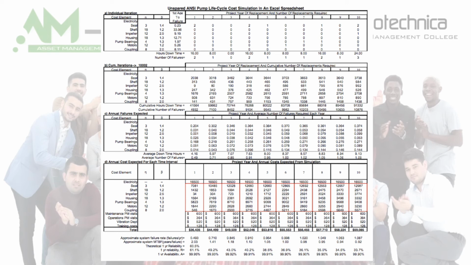In section D, we combine the figures of section C with the cost from the original table for this scenario, that is the single ANSI pump. The electricity cost is a fixed amount per year for this scenario. The cost of seals for year 5 is calculated from the original deterministic cost per year of $11,583 minus general inspection, etc. cost divided by the 0.33 probability of failure to give a total cost of $34,780 per seal cycle.